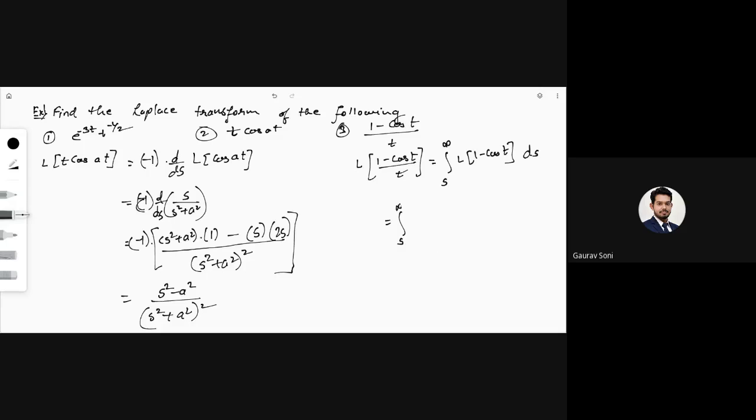So, from s to infinity, Laplace separates over addition and subtraction. So Laplace of 1 minus Laplace of cos t, ds. Laplace of 1 is 1 by s, minus Laplace of cos t, which is s upon s square plus 1, ds.